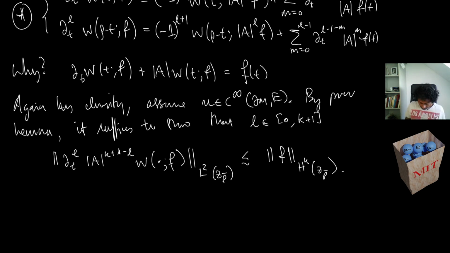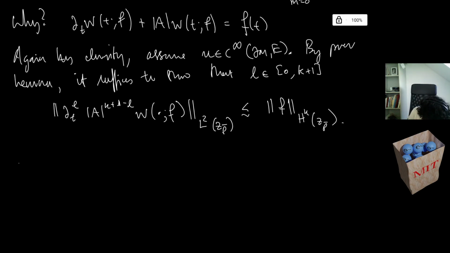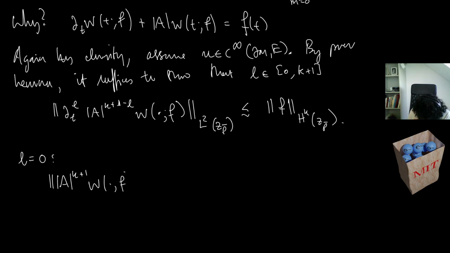Okay? All right. So for L equals to 0, we need to show A modulus K plus 1 W F in L2 Z rho.